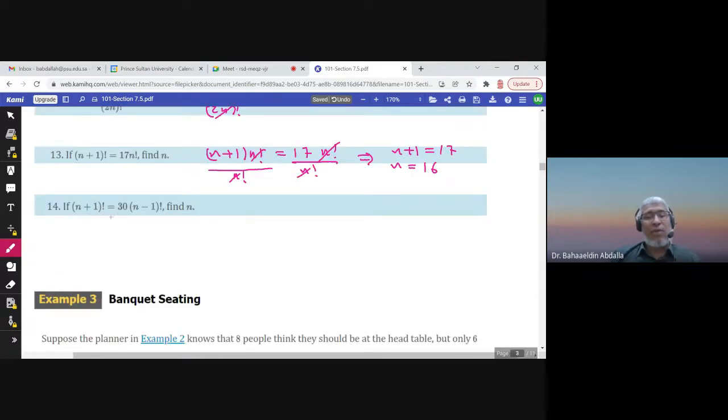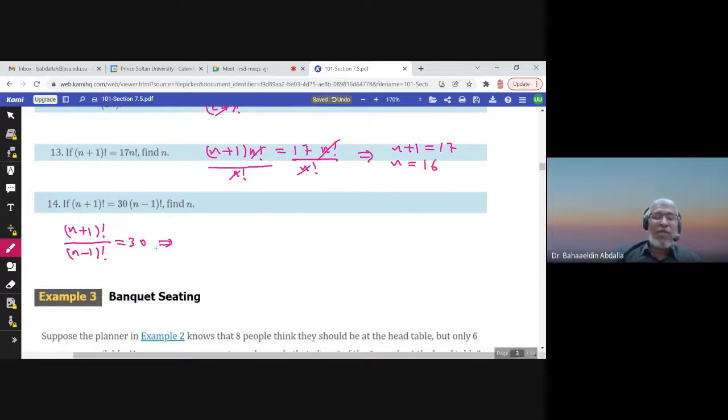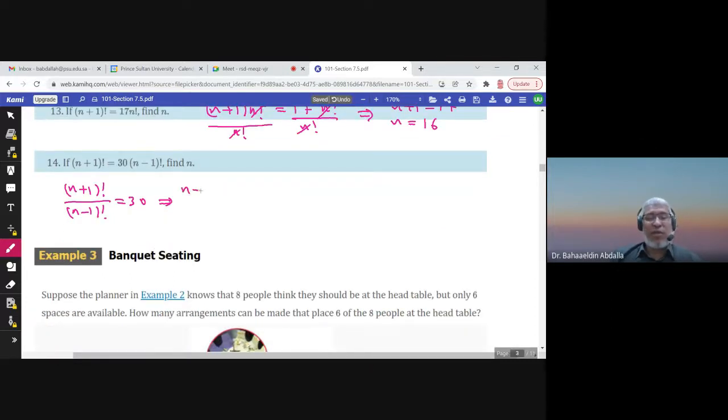Also here, I can immediately divide by n minus 1 factorial. So I'll have n plus 1 factorial over n minus 1 factorial is 30. And what is n plus 1 factorial? It is n plus 1 times n times n minus 1 factorial. And now I'll put factorial because I have n minus 1 factorial in the denominator.